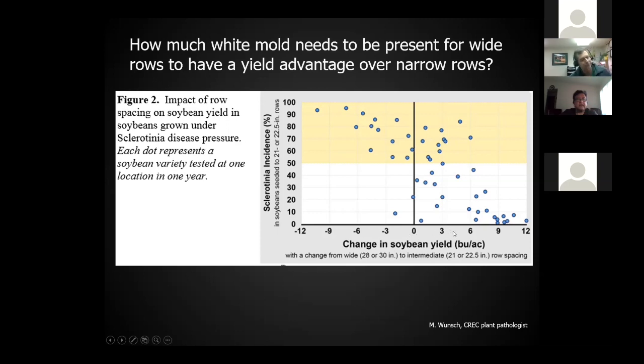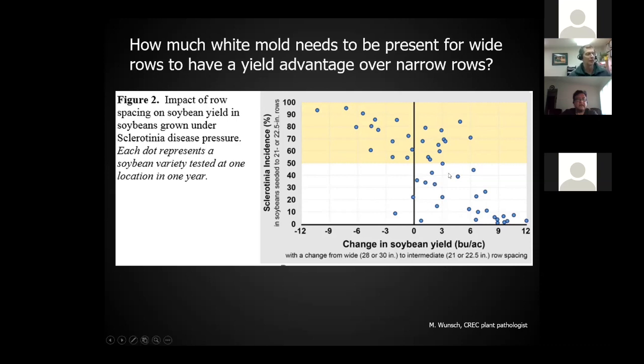And so to make this simple, notice that, well, first I should say on the y-axis is Sclerotinia incidence. And so look, we had instances where a variety had 40% incidence, and yet because it was in the intermediate row spacing, it still had a yield advantage compared to the same variety grown in wide rows.